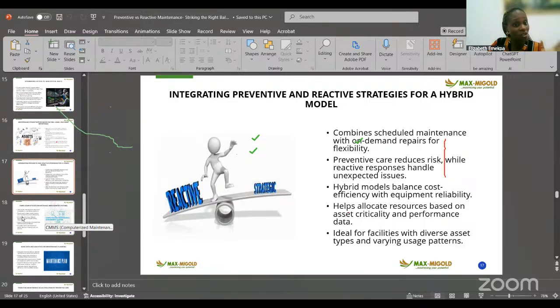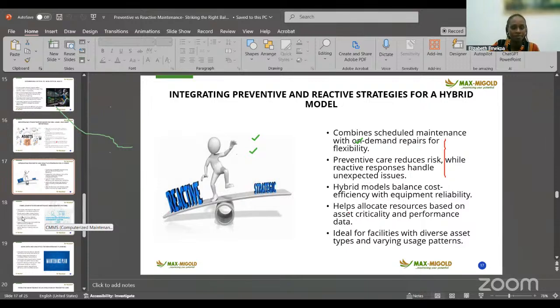Your asset in your facility is like your body. If you take good care of your body, you have good skin, you have good nails, you look good. Same thing for your assets. If you take good care of your assets in your facility, they tend to last longer. The idea for a facility with diverse assets is simple: always ensure that you put on your preventive maintenance to avoid emergency reactive repairs.